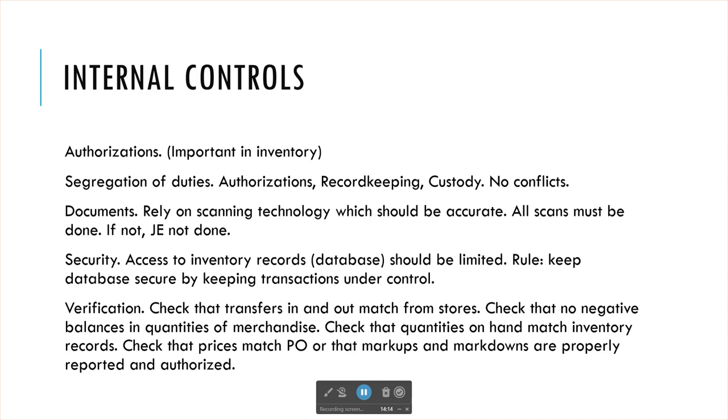The inventory database in itself has to be kept clean, because if it's not kept accurate, then it affects the decisions that are made, which affects your profitability. There needs to be some verification that things that are transferred in and out between locations match up. We do not want to see negative balances in the quantities of merchandise. We do not want to see negative values in inventory by location.